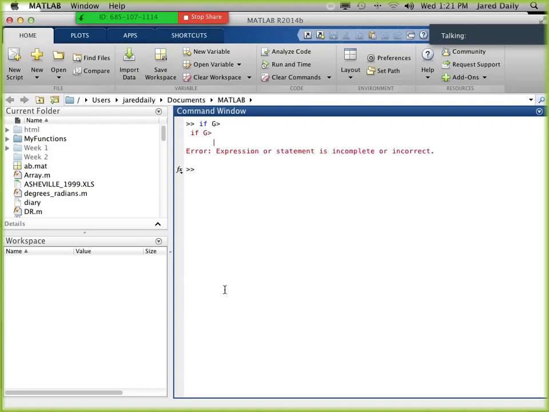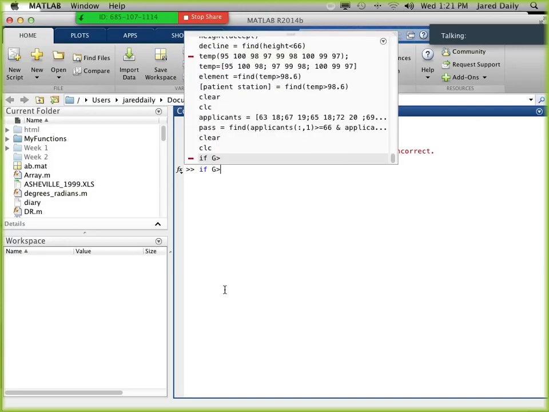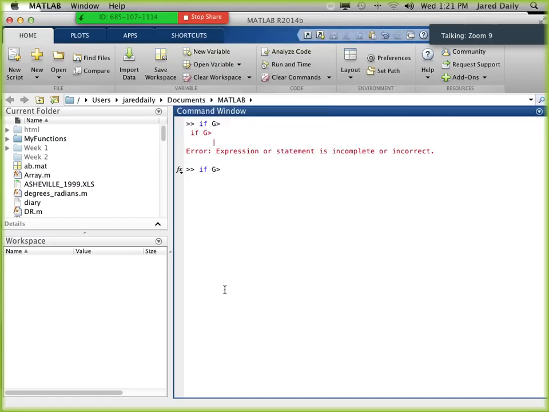Oops. It's not going to let me do this here. Let's try this again. If G is greater than, display, I think I can write this way. If not, then I'll have to write an M file.